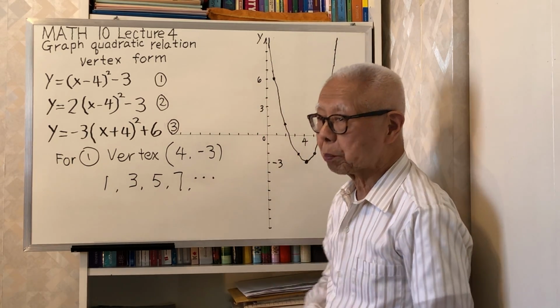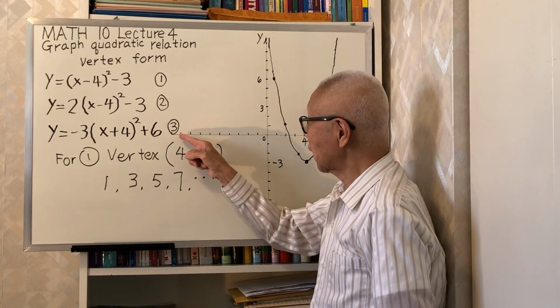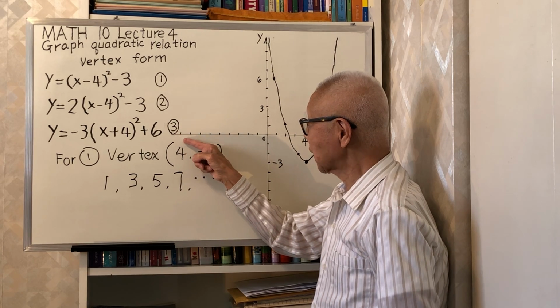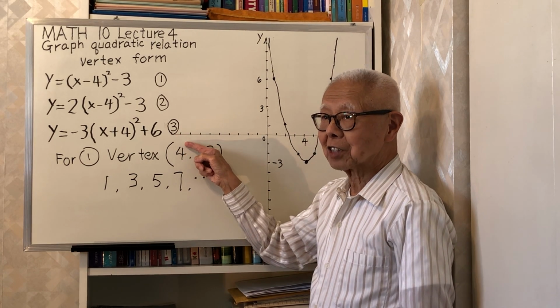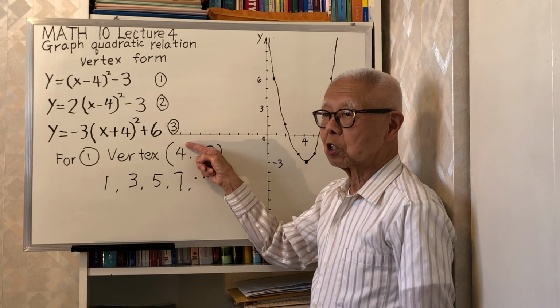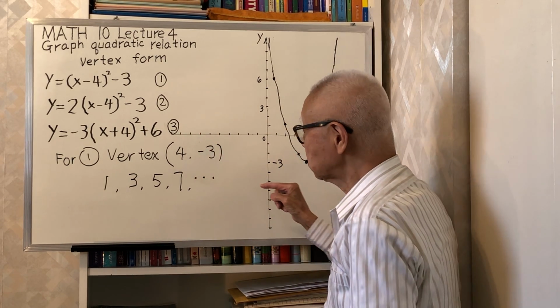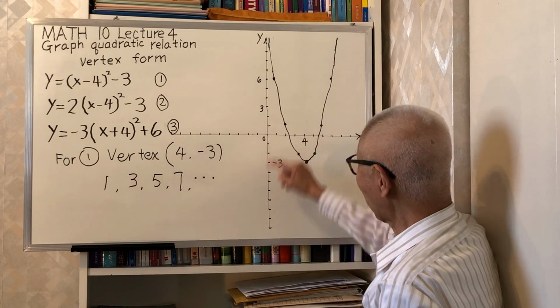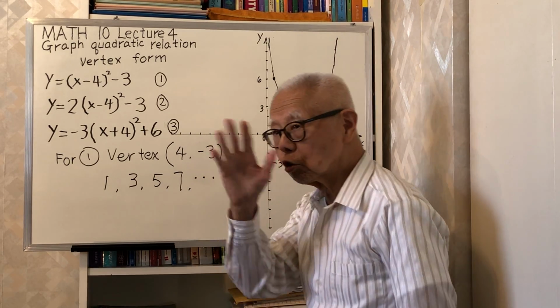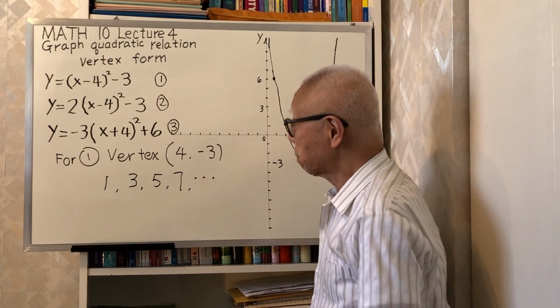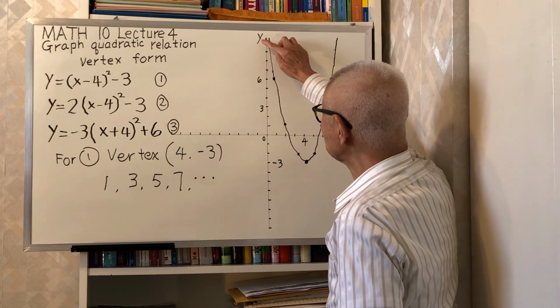Actually, your textbook probably has an arrow on this end of the x-axis, and probably also at the bottom end of the y-axis. Don't do that, okay? Because the arrow means a positive side.